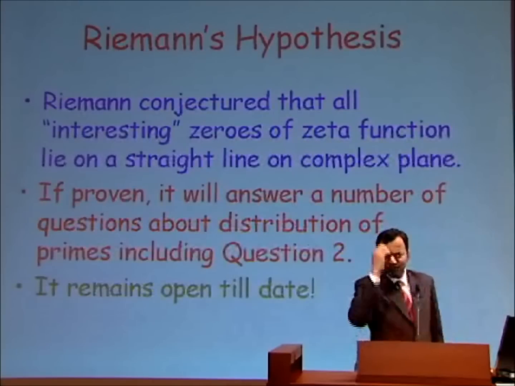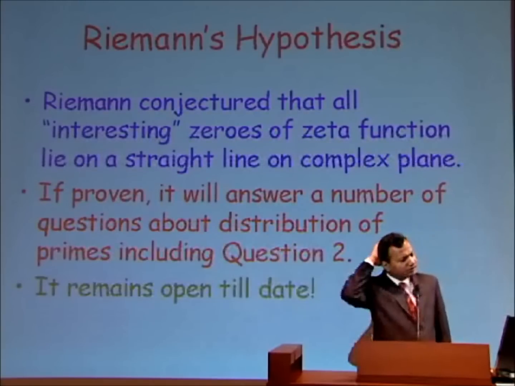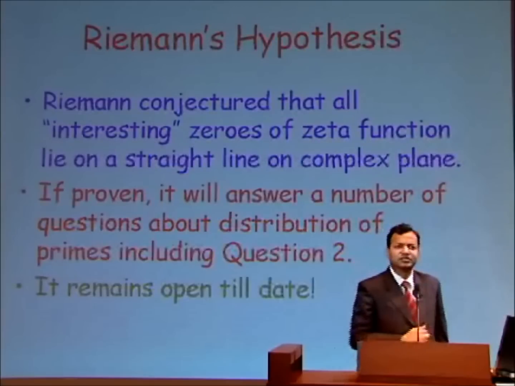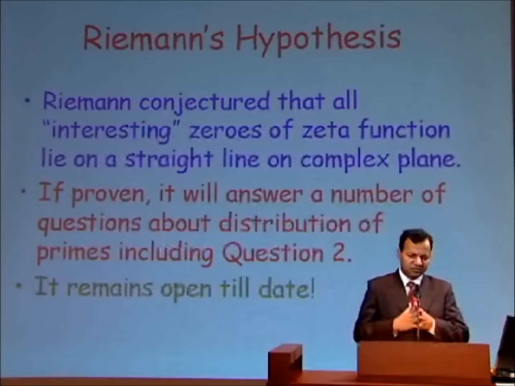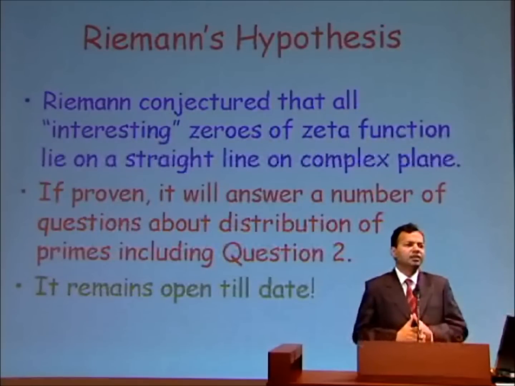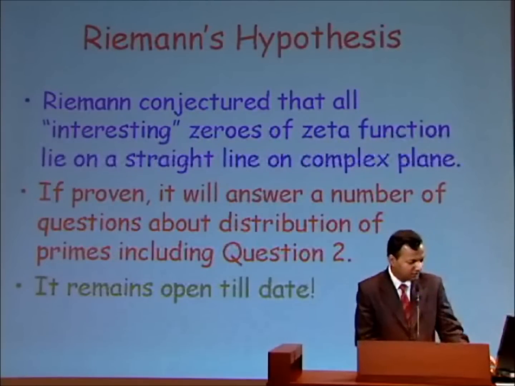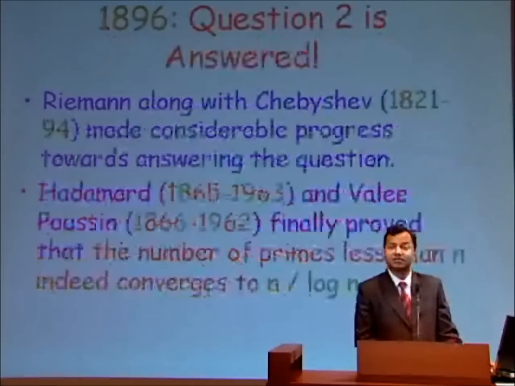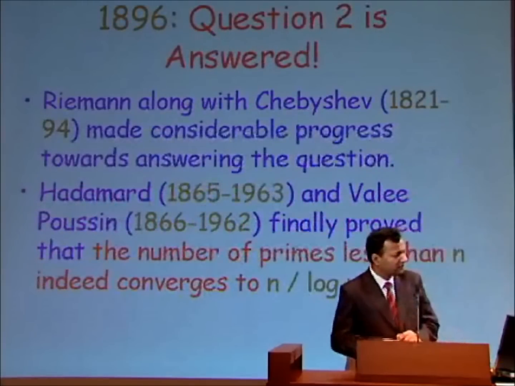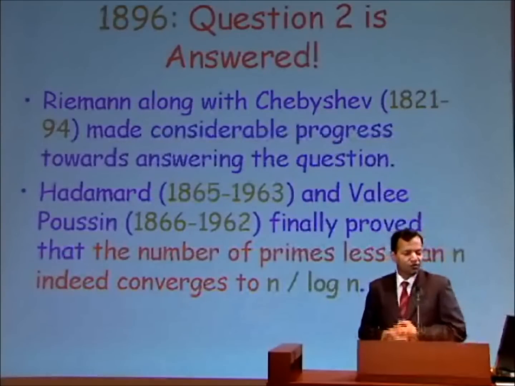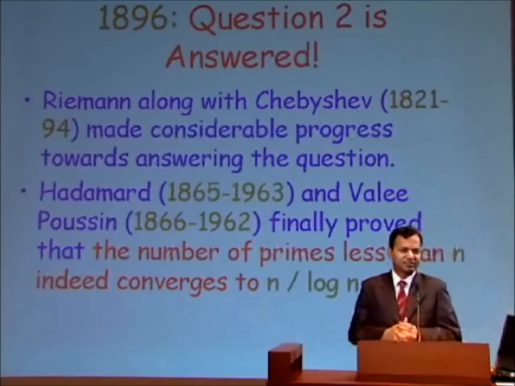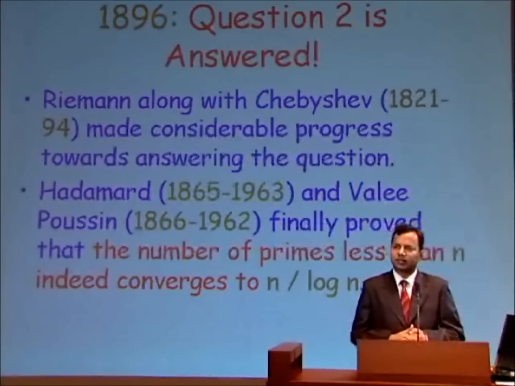But nevertheless, his definition of the zeta function and formulation of this hypothesis led to a lot of interest, and many researchers studied the properties of the zeta function. And building on the work of Riemann and Chebyshev, finally in 1896, question 2 was positively answered.